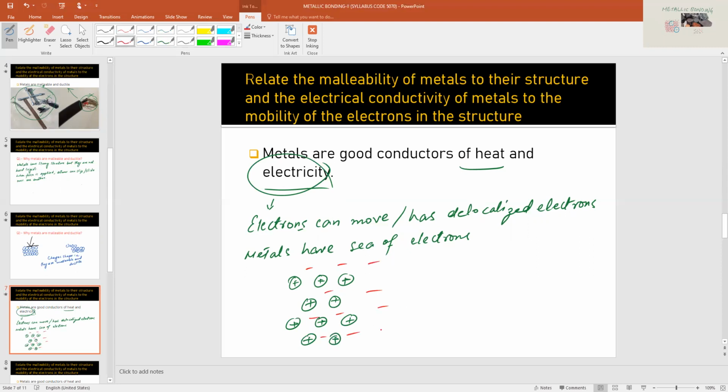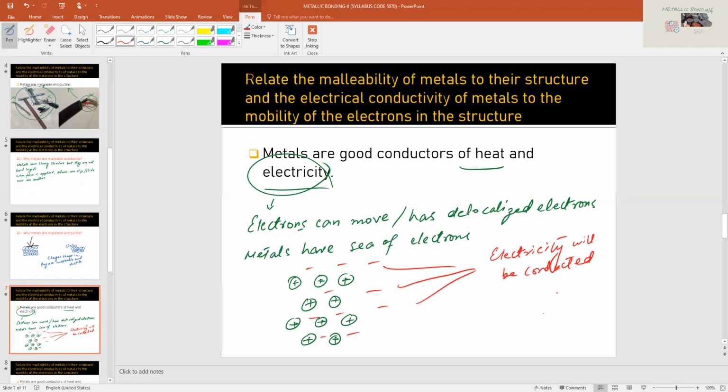So electricity will be conducted through these free moving electrons. We know that electricity, what is the flow of current? It's simply the flow of electrons. Current is the flow of electrons.